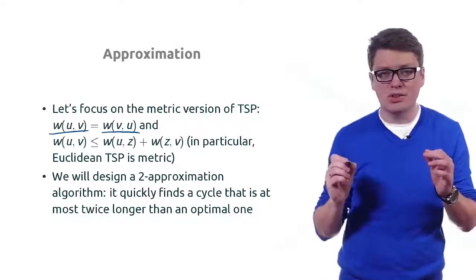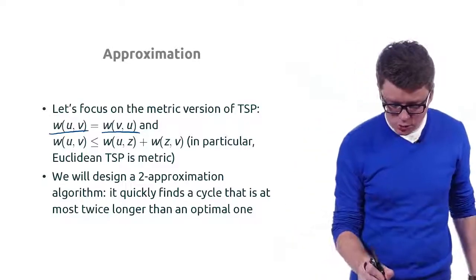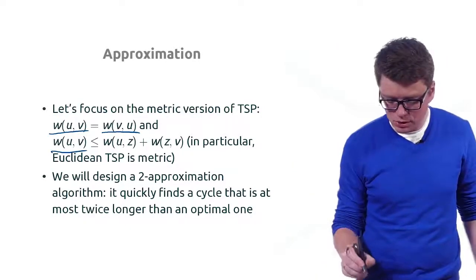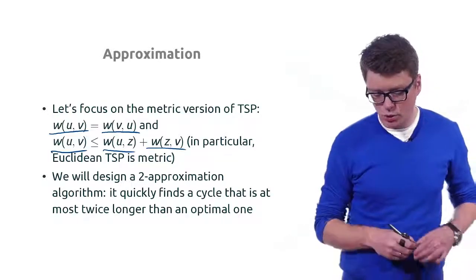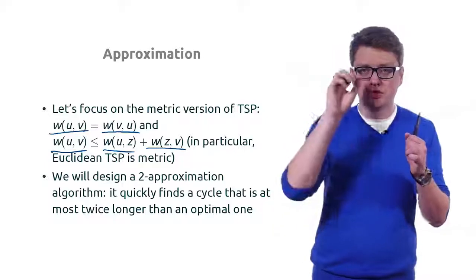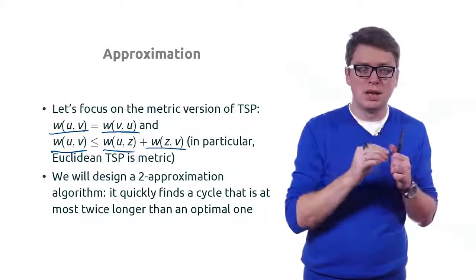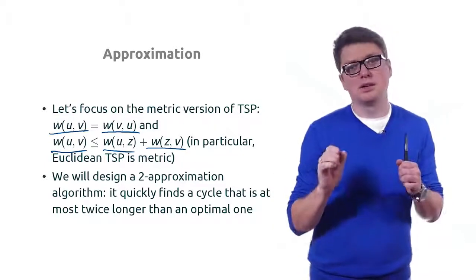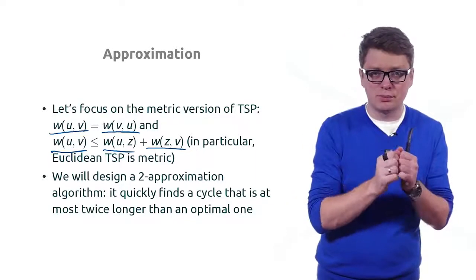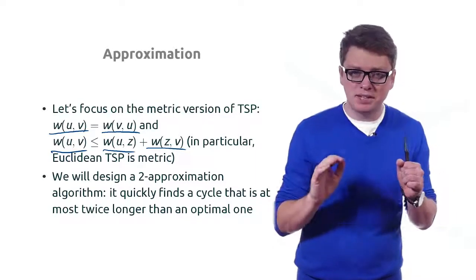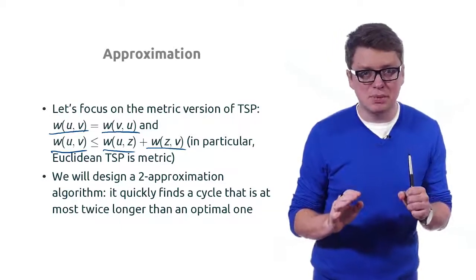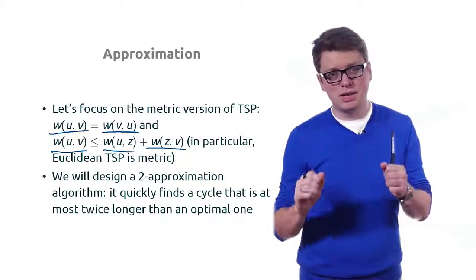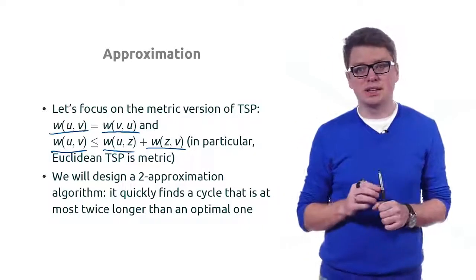For any three nodes u, v and z, the weight of the edge uv is at most the sum of the weights of the edges uz and zv. So going from u to v through the node z cannot be shorter than going directly from u to v. In particular, the Euclidean TSP is also a metric TSP, since Euclidean distances satisfy the triangle inequality.